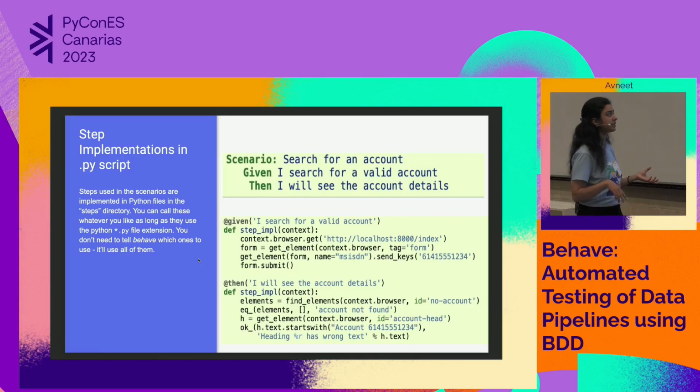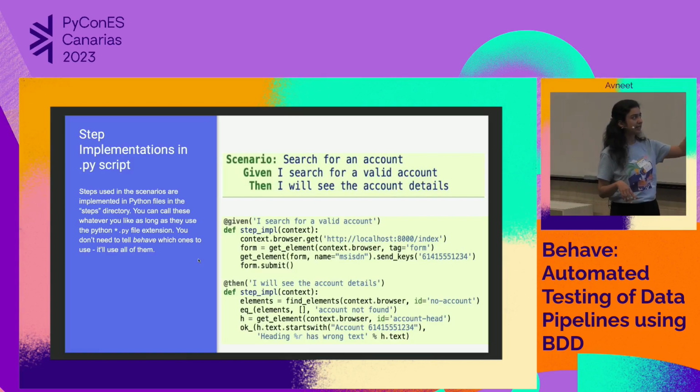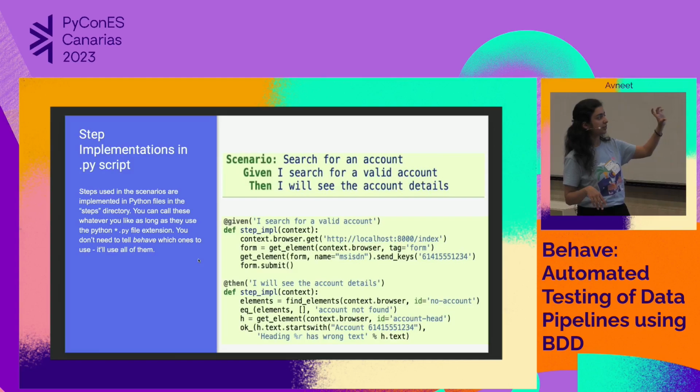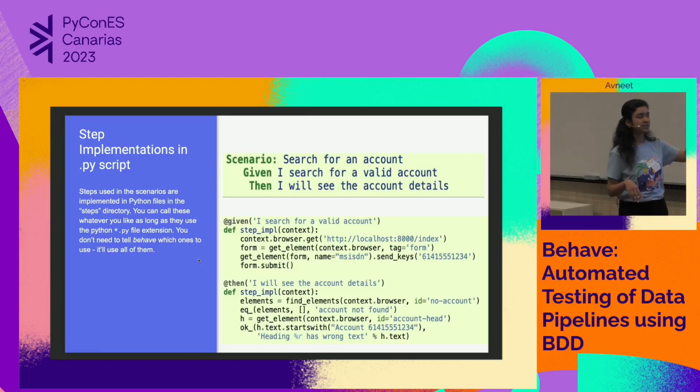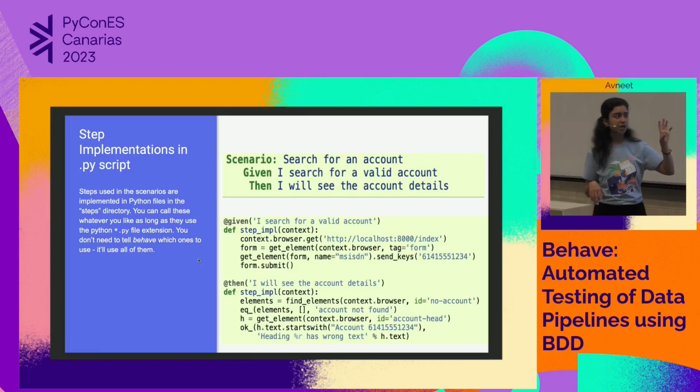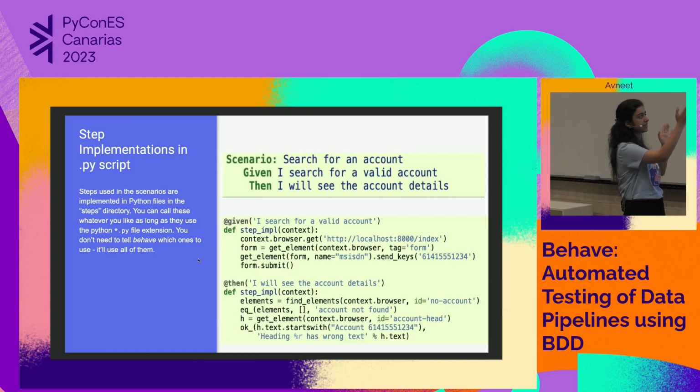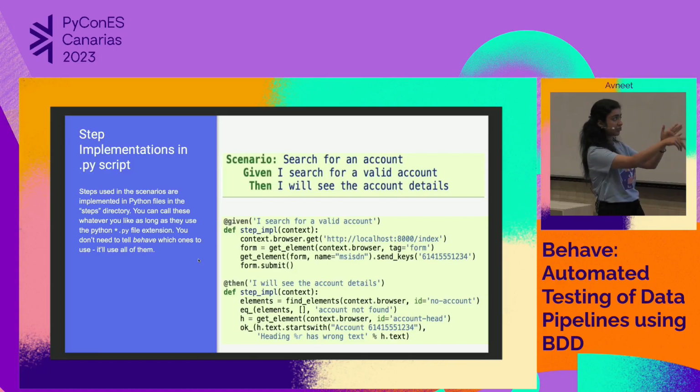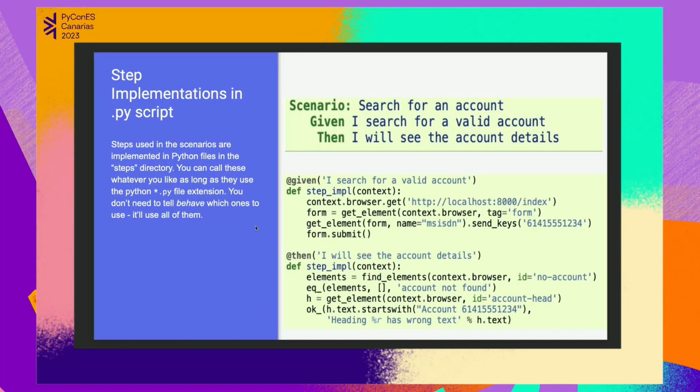In the given, you're just saying that I search for a valid account. Below that, given is a decorator, and below that you have your step implementation defined. So now, in your feature file you'll have the scenario, and in your Python file you'll have these two, and it will do a natural language matching for "I search a valid account" in this particular Python file, and then execute that one.